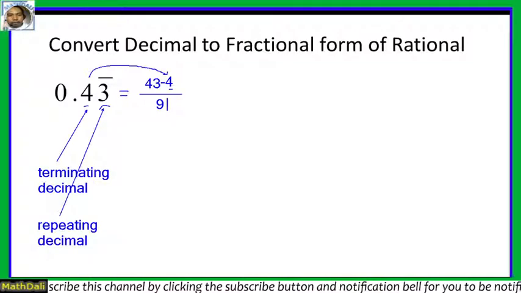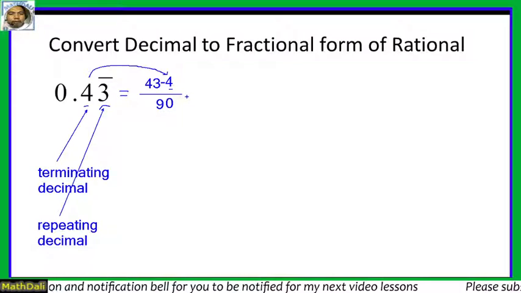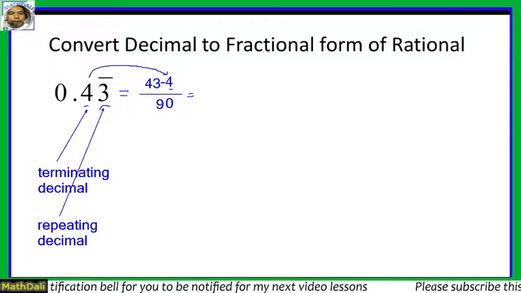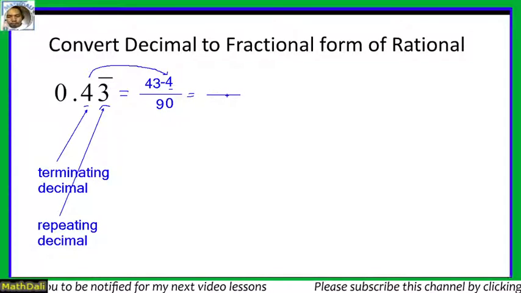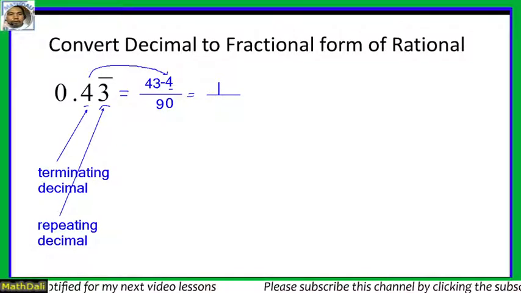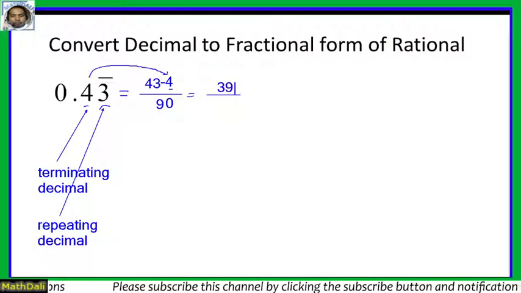Definitely, ang fractional form ay 43 minus 4 over 90. So, simplify lang natin to. Kailangan naka-lowest term yung sagot. 43 minus 4, that is equal to 39 over 90.